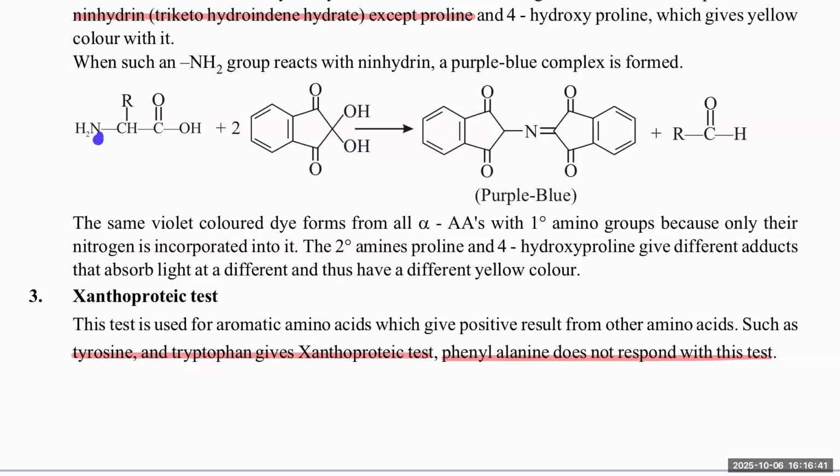This nitrogen completely comes in between the two ninhydrins, and this part will be lost as an aldehyde group. Clear? Aldehyde, and of course whatever carbon is present here will come out as carbon dioxide. It will get oxidized. The point here is to understand that the ninhydrins will start forming color. It will give a purple blue color.